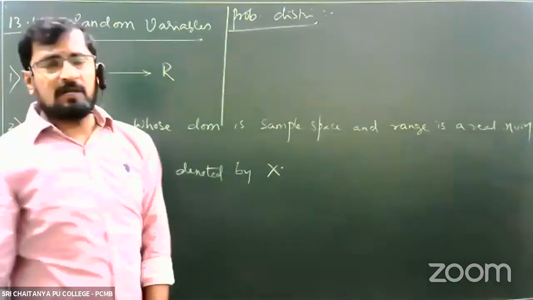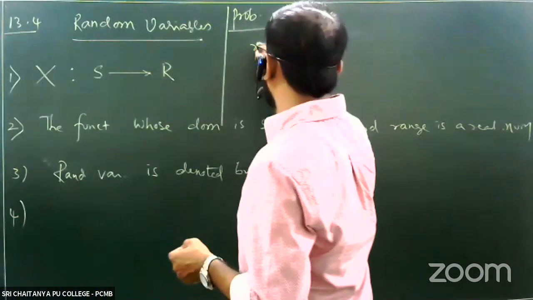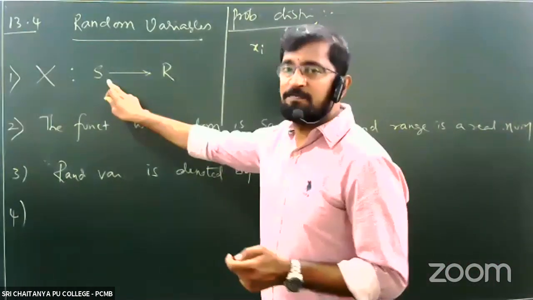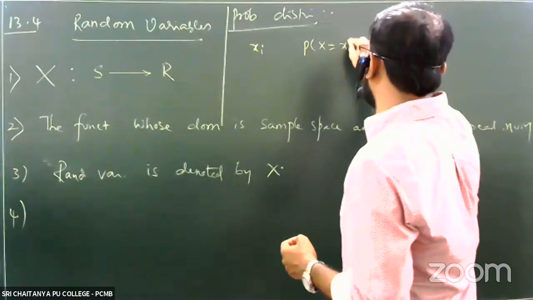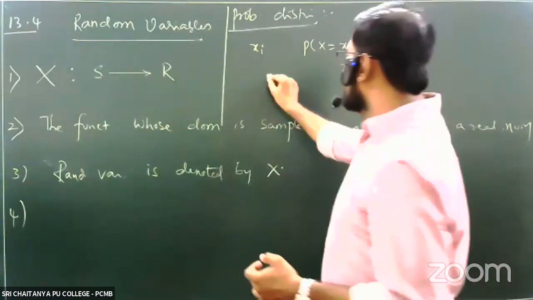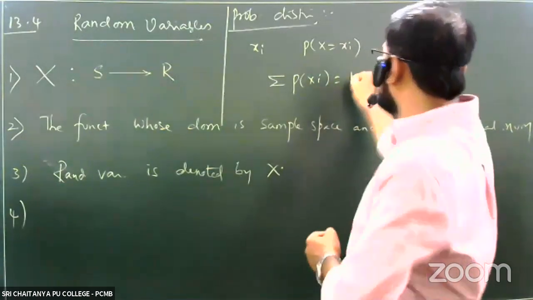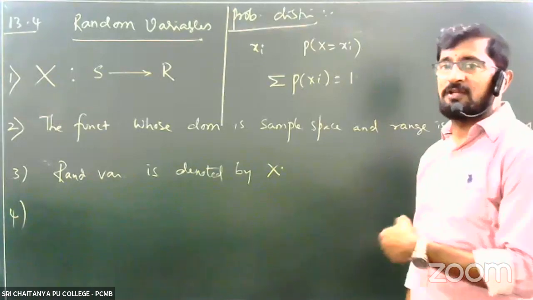See, what is called a probability distribution? If xi, small xi, is an element in the sample space having the probability P of X equals xi, then the sum of this probability P of X equals xi should be equal to 1. This is said to be a probability distribution.